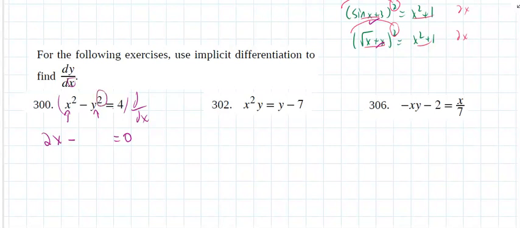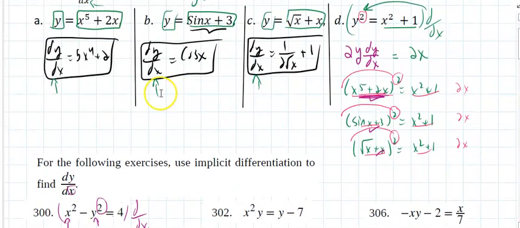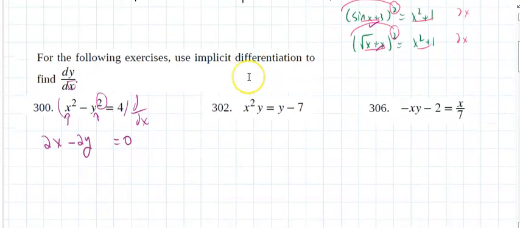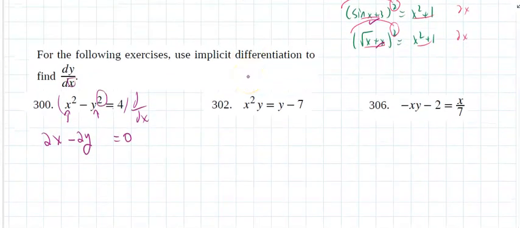Since there is a power, I bring the power down, subtract 1 from the power. Since I don't know what y is, again, each one of these y's in every problem I'm going to do could be either x to the fifth plus 2x, could be sine of x plus 3, could be radical x plus x. Since I don't know what that is, whenever you decide to tell me what that is, I'm going to take a derivative of that with respect to x.